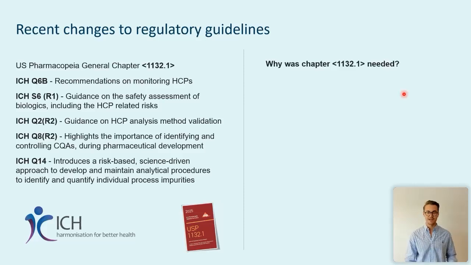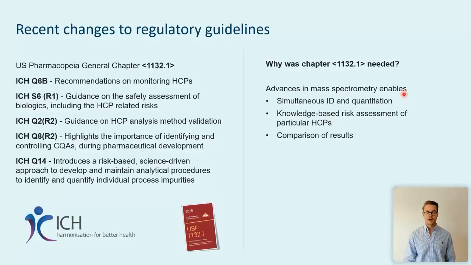So why was this 1132.1 chapter even needed? First of all, why is mass spec useful for host cell protein analysis? It enables simultaneous ID and quantitation, and this also enables knowledge-based risk assessment of particular host cell proteins, and it also enables comparison of results over projects.